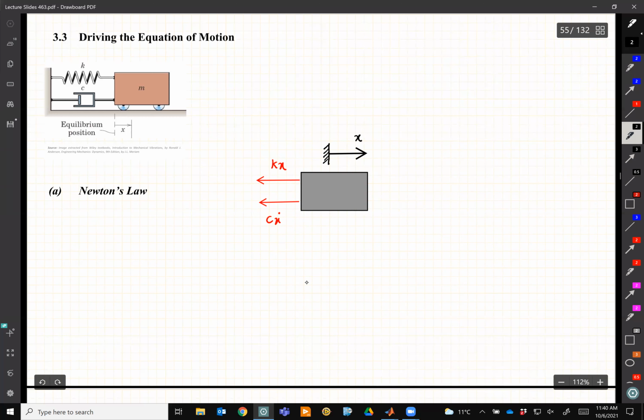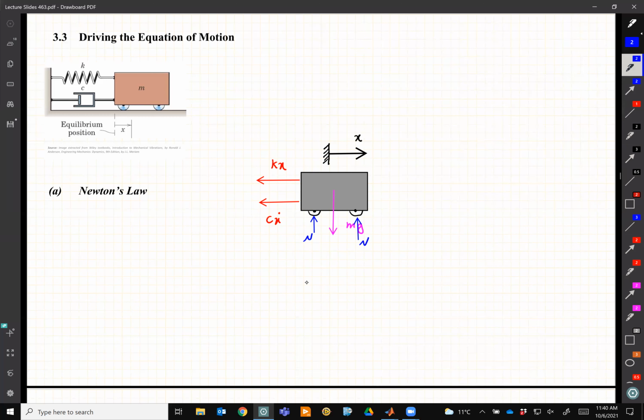So you probably notice that I don't typically draw the weight, because if we want to really do a complete job, we need to draw the weight and also put this external load there as well, right? But we don't need those, and we don't show them because we only care about the direction x.